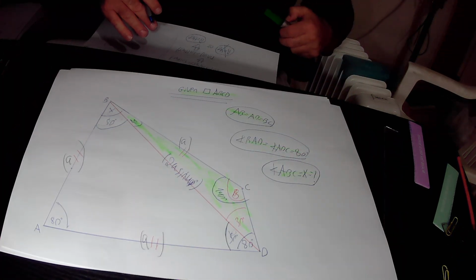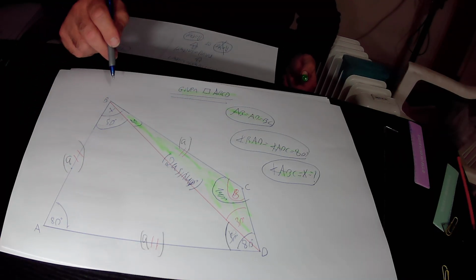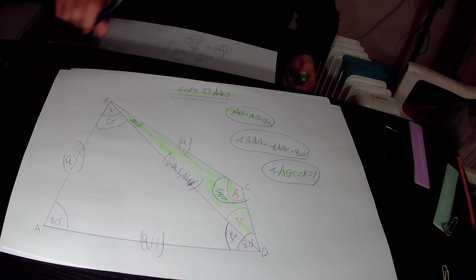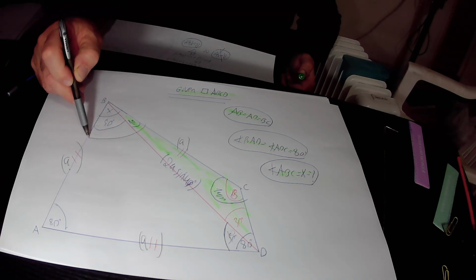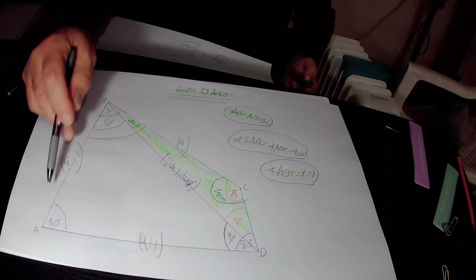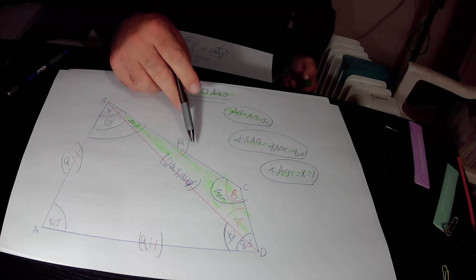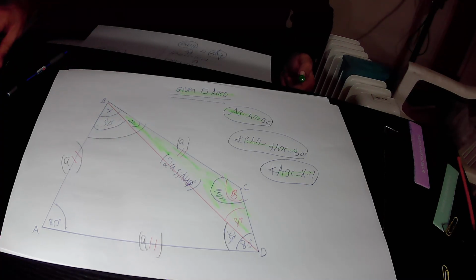Our task is to find the size of this angle ABC, which equals x. So we have to find the size of this angle ABC equals x degrees. From the drawing, it is very easy to see that the size of this big angle ABC equals 50 degrees plus 10 degrees, that is 60 degrees.